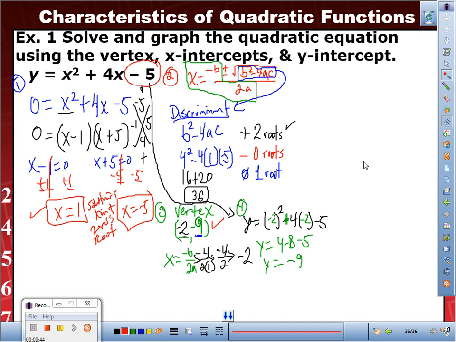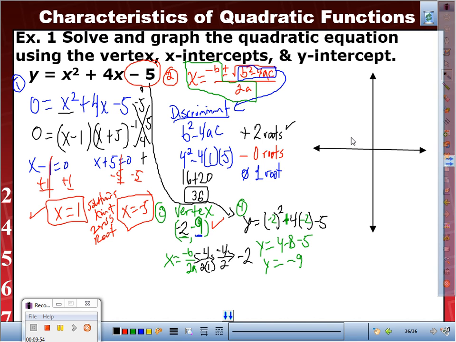So let's draw our coordinate plane over here. All right. So the first x-intercept is 1. 1 is about right here. The other one is negative 5. 1, 2, 3, 4, 5. So therefore, we got negative 5 right here, 1 right here.